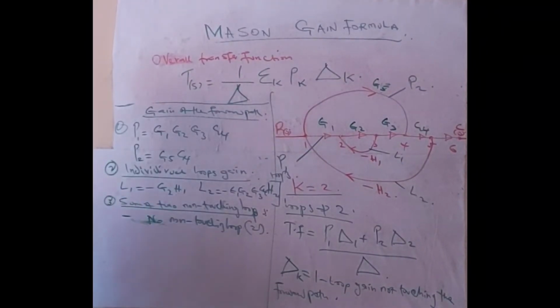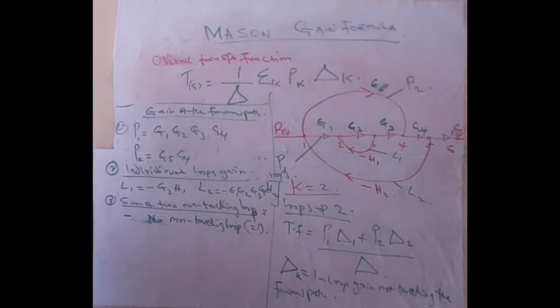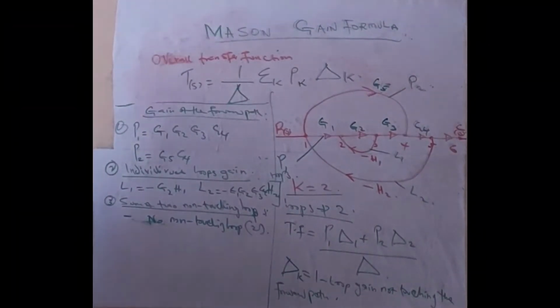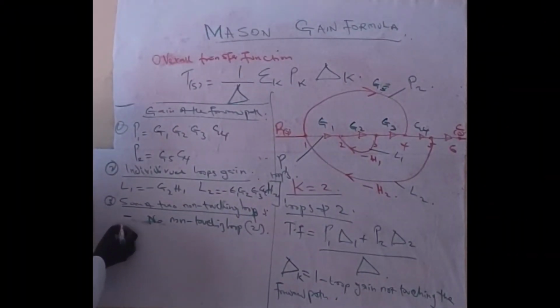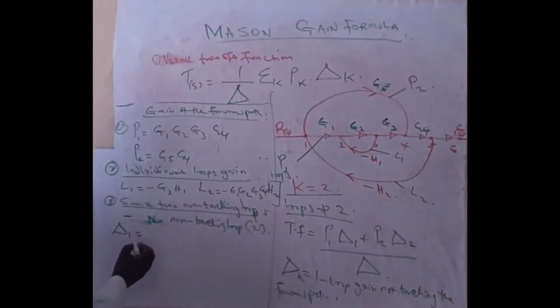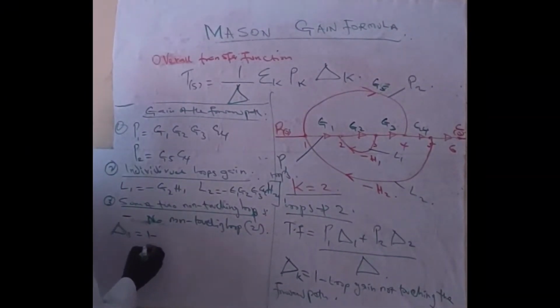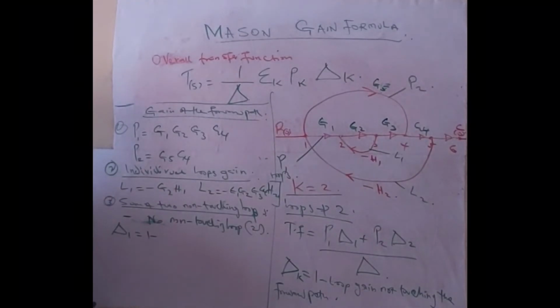Secondly, we go to delta 1. Delta 1 is going to be 1 minus the loop gains not touching the forward path.